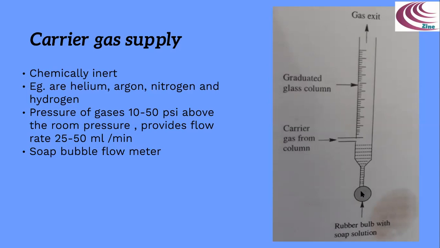When this rubber bulb is squeezed, a soap film is formed in the path of the carrier gas. When the carrier gas enters the glass column, it pushes the soap film in the column in an upward direction. The time required for this soap film to move between two graduations on the glass column is recorded, and this information is used to calculate the flow rate of the carrier gas.